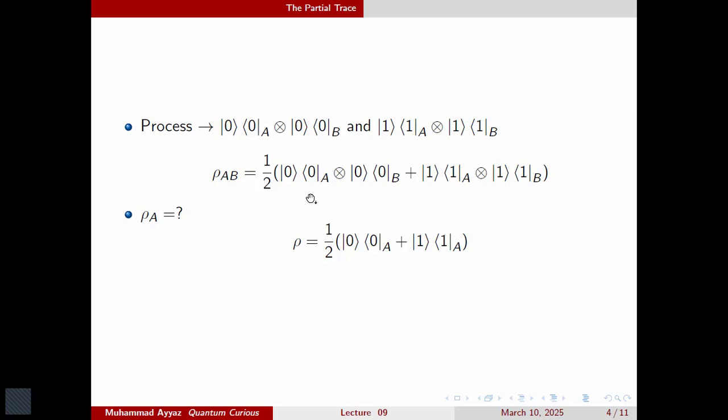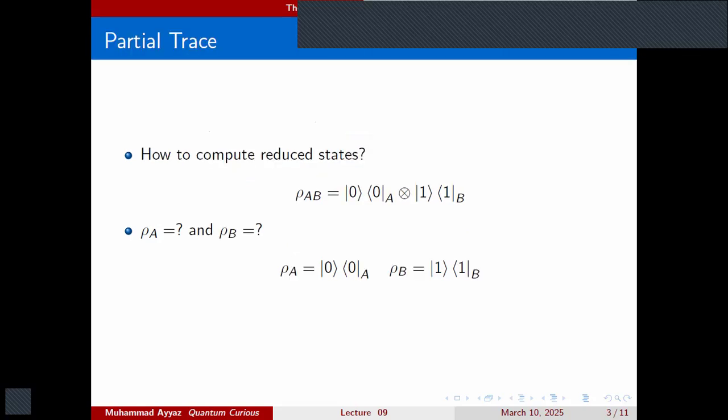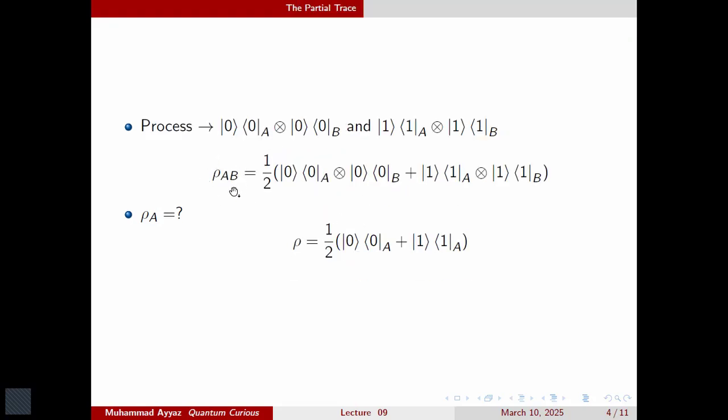But scrutinizing a little deeper, we can obtain the individual state of subsystem A. ρ_A can be written as composed of the |0⟩⟨0| and |1⟩⟨1| states. It is easier, but a bit harder than the previous example, because here the joint state has a somewhat more complex form.